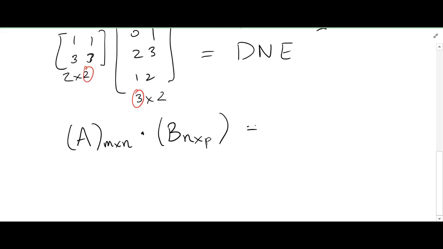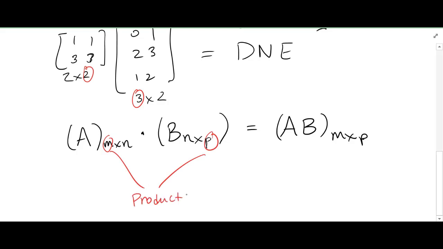And then the product is an m by p matrix. So these outer dimensions give you the dimensions of the product. Then the inner dimensions have to be equal to each other. So that's how matrix multiplication works.